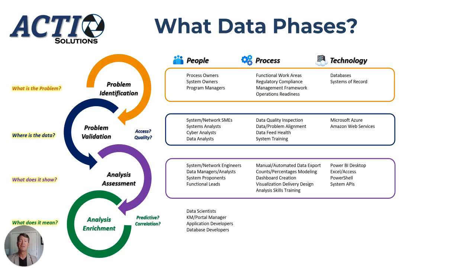So now we're going to get down into the last stage, and I call this getting to the meat of the analysis. For the roles that we've talked about so far, you might have some people wearing the same hat, but in a well-structured team, this might be a progression path. You have your data scientist, you have your KM, your portal manager. These are the folks organizing the information.